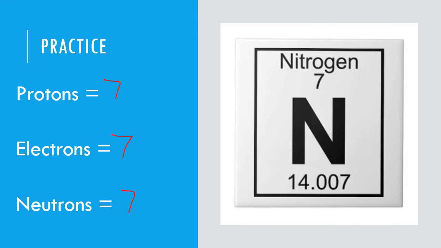Now, I said we could figure out the atomic structure with this. So I know that I have 7 protons, 7 neutrons, right? So there's my nucleus. But what about those electrons?